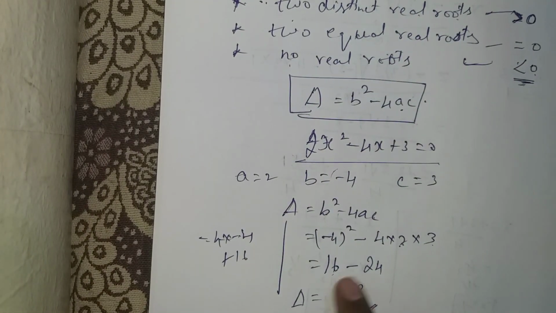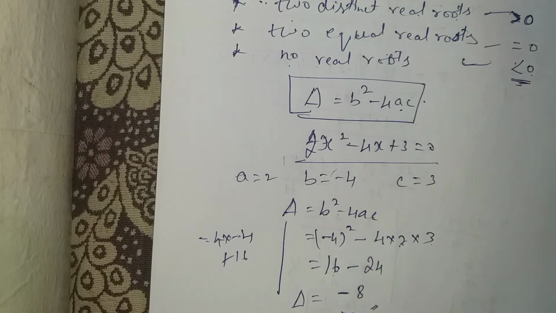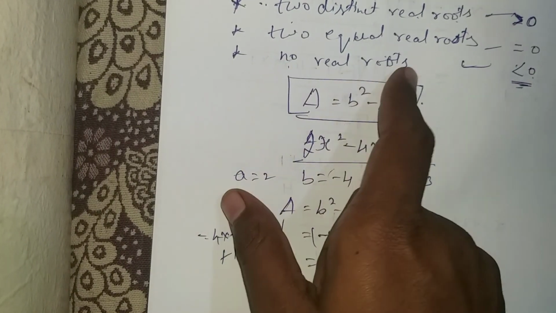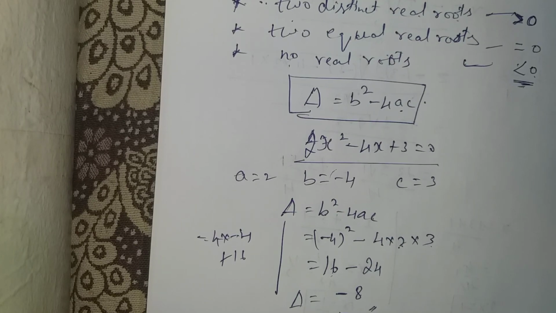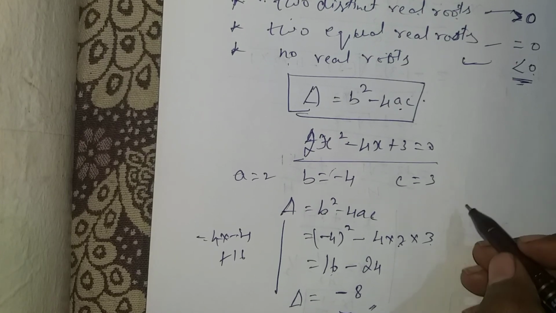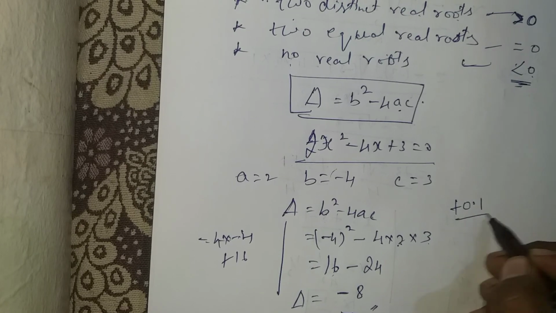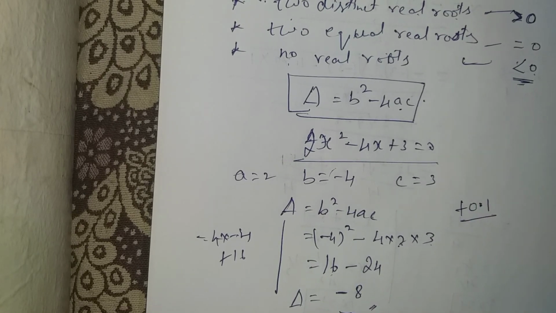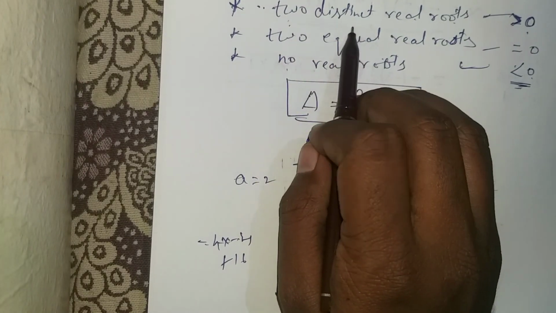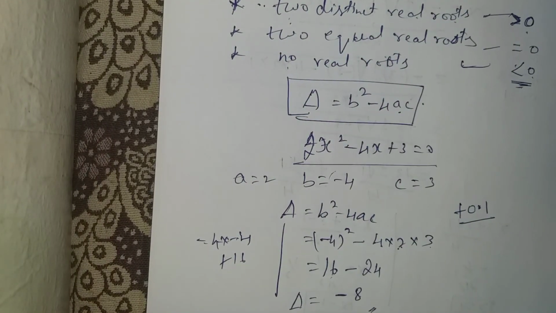If the answer has a negative sign, it is less than 0, so you should write no real roots. If the answer is greater than 0, like plus 1, plus 2, plus 3, plus 1.1, plus 1.2, even plus 0.1, it is greater than 0, so you should tell two distinct real roots.